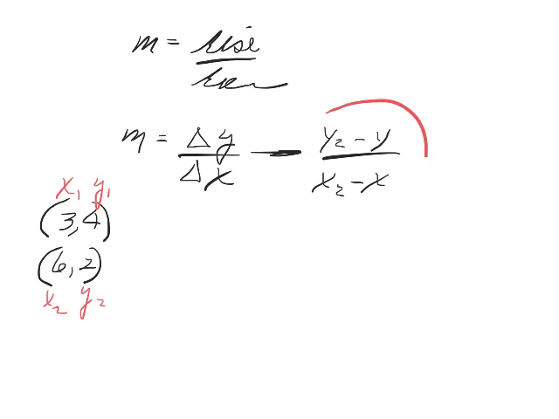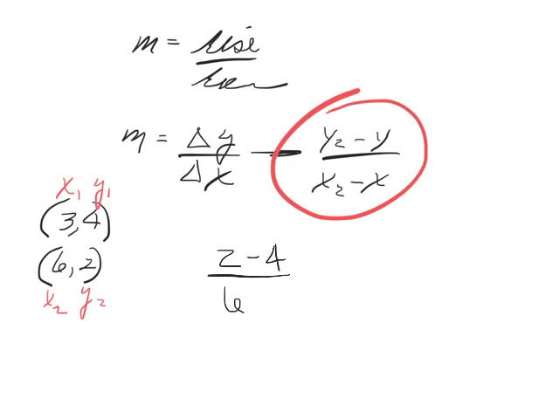So if I wanted to use this formula to find the slope of the line that connects these 2 points together, I would just go y2, which is 2, minus y1, which is 4, over x2, which is 6, minus x1, which is 3. So negative 2 over 3 would be my slope, so it would go downhill. So negative 2/3.